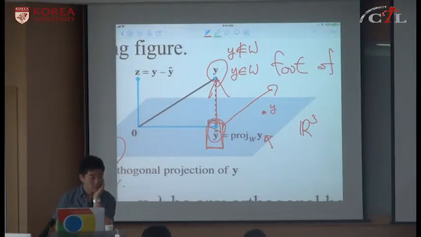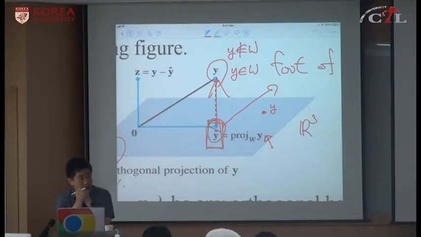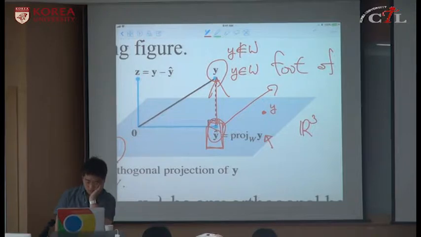And then what is the orthogonal projection y hat? That would be just the same point, right? And then this vector z will be just a 0 vector.